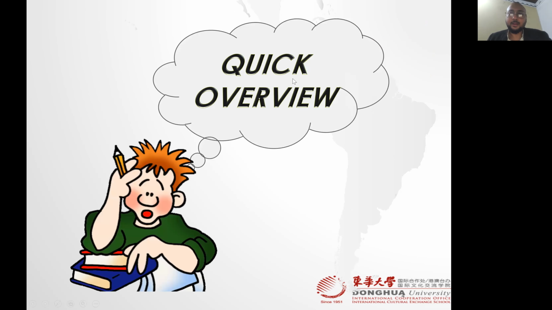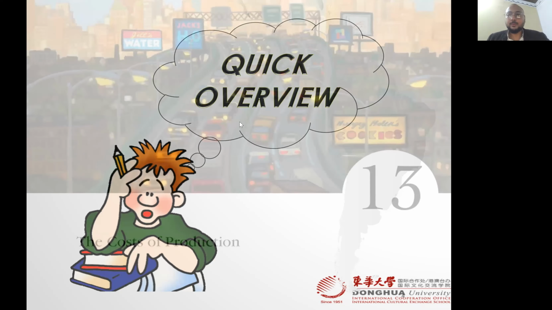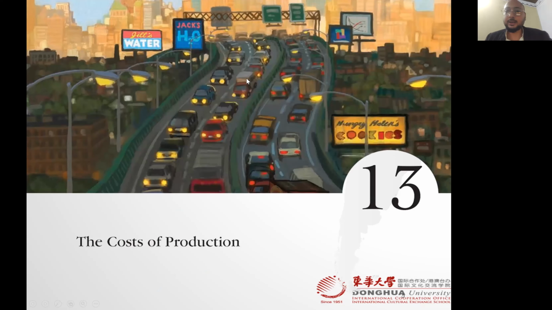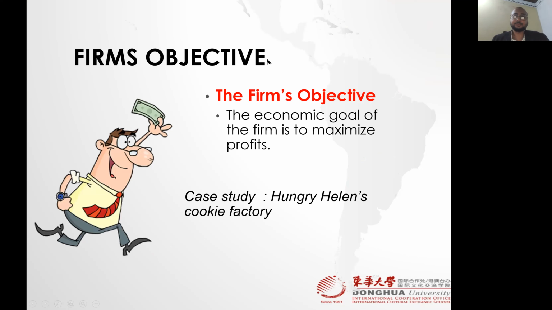Okay, so let's have a recap of what we learned in our last lecture. We were discussing the cost of production, and in that chapter we talked about the case study of Hungry Hannon's Cookie Factory. This is your book chapter example.